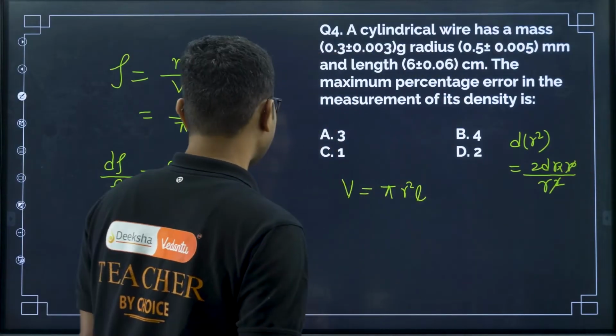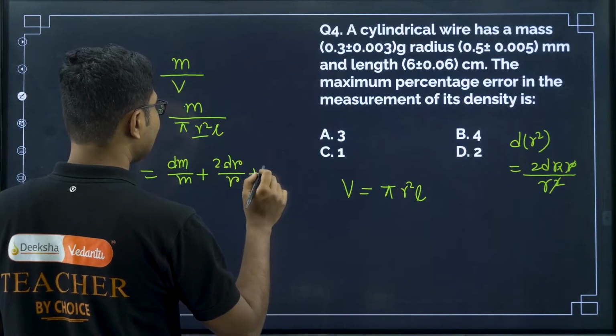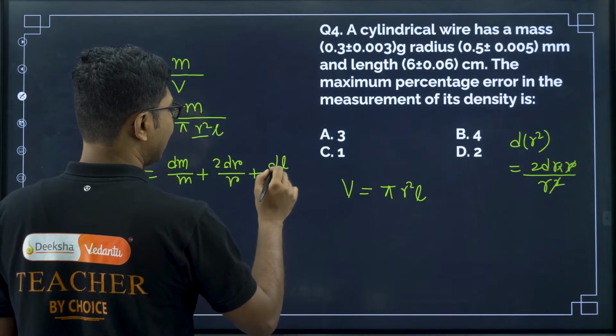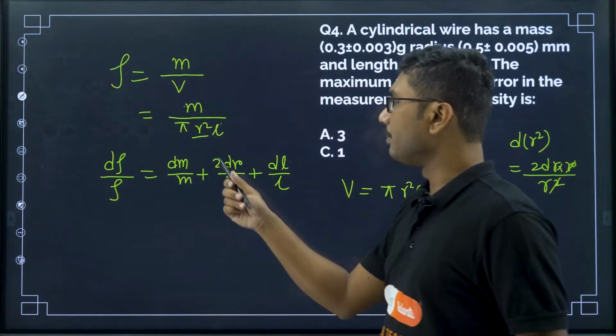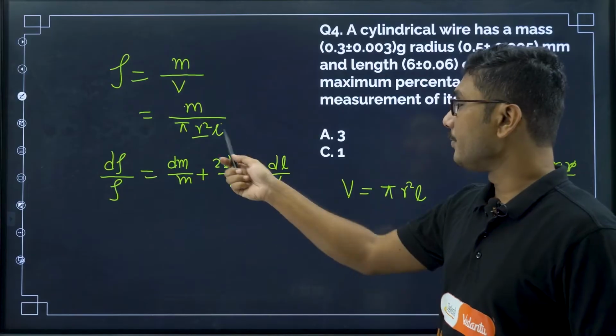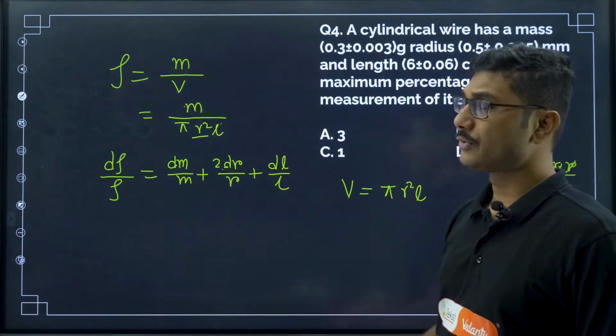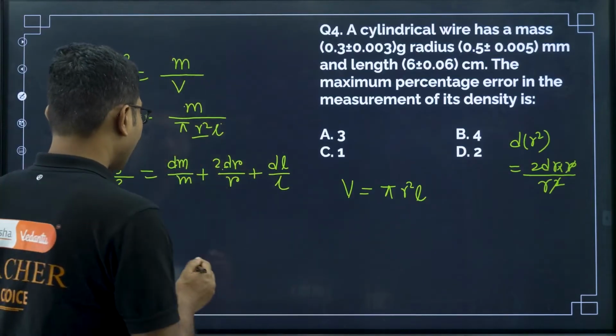That is why we can write that as 2 dr by r. Everything will be plus dl by l. If the power is 1, then it will be simply dl by l, and if the power is 2, then you have to take the power outside and then write dr by r. Simple, right?